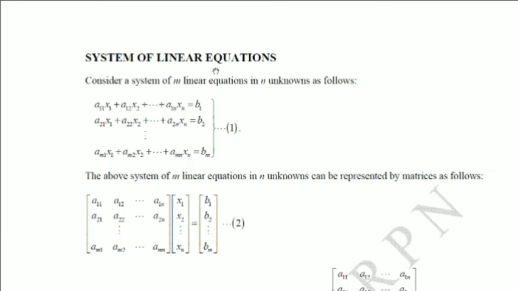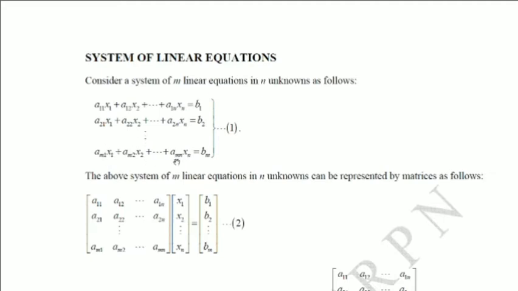For example, consider a system of m linear equations in n unknowns as follows. So there are m linear equations: first equation, second equation, third equation, fourth, etc., up to the mth equation.